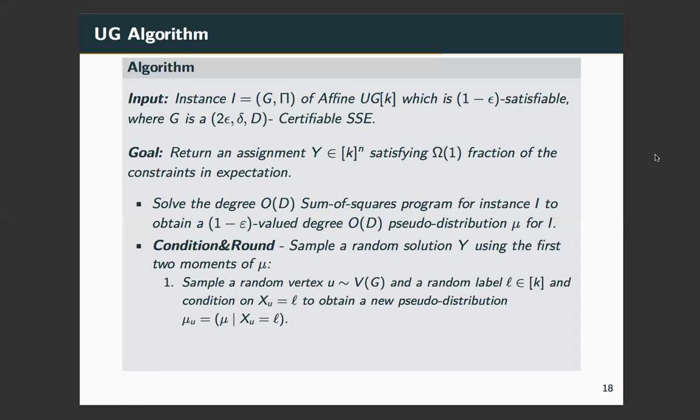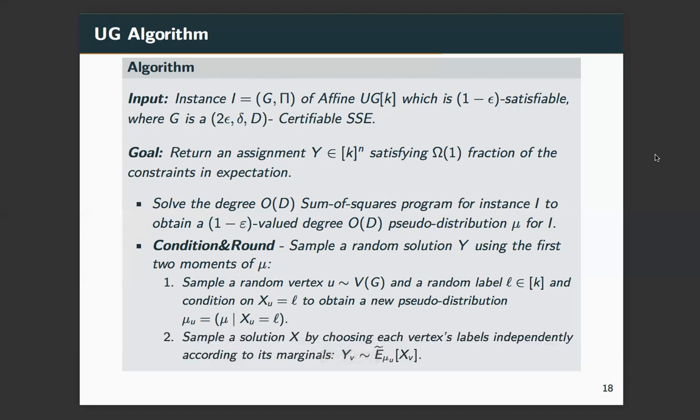Here the notation x subscript u equal to L just means that the value assigned to the vertex u is equal to L. Next, sample a solution X. Sample a solution to every other vertex v not equal to u by choosing its labels independently according to its marginals.